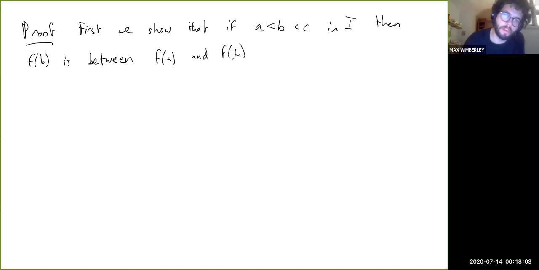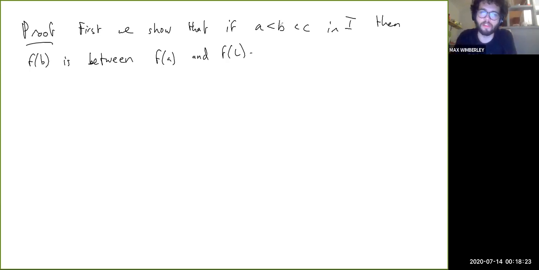And remember, we're wording it this way because we don't know whether f is actually increasing or decreasing, so we don't know whether the string of inequality should go one way or another. But either way, f of b is going to be in between them, whatever order they might be in.